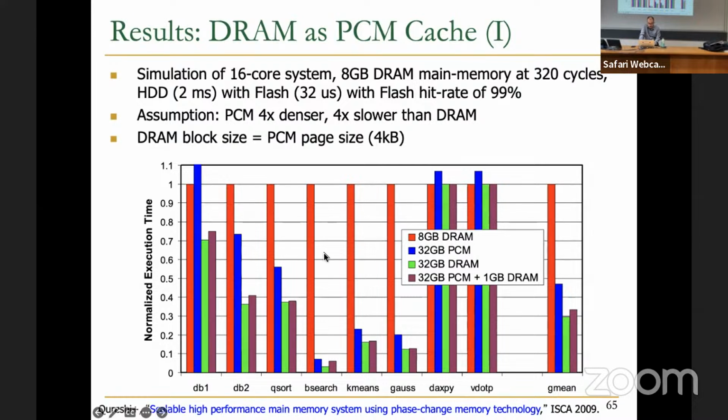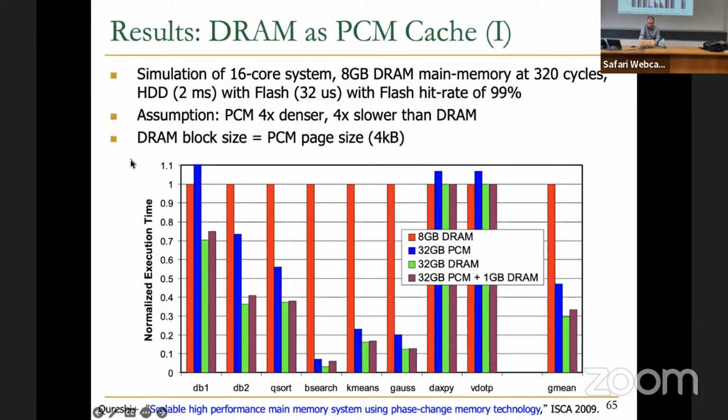So you can see some results here. The y-axis is normalized execution time, so lower is better. Here are some workloads from IBM, I assume.